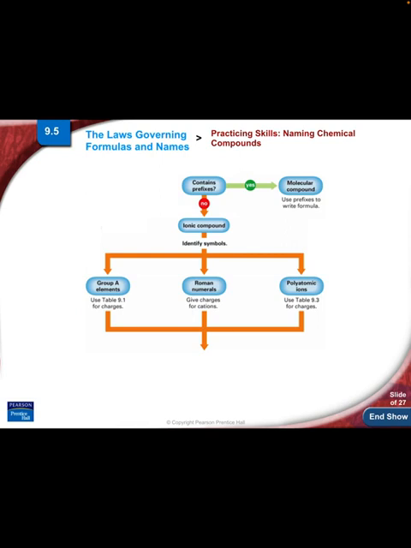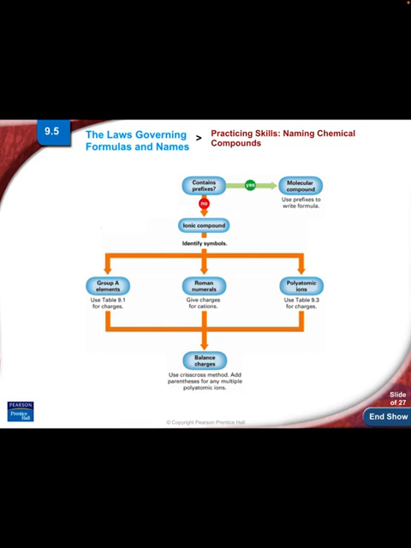And if it's a group A metal, the group number equals the charge for the metals, and then for the non-metals, it's, of course, the group number minus 8 to get the charge. If it's a group B metal, you use Roman numerals. And polyatomic ions, you're going to have a table of the polyatomic ions so you know what you're dealing with. It will be included in any test or questions or assignments.